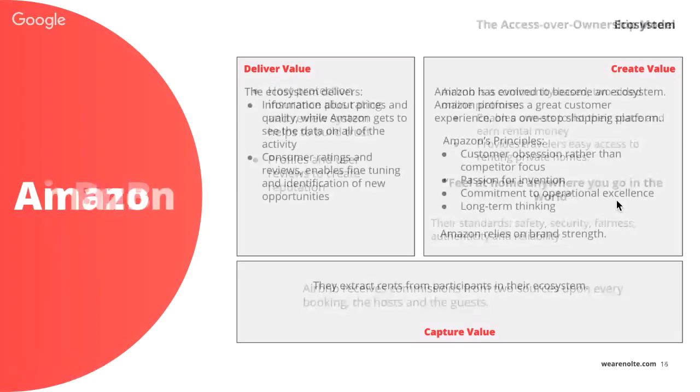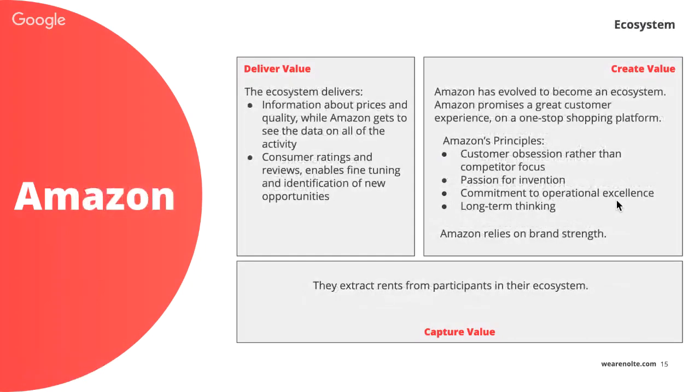That is Amazon. So basically, Amazon has evolved to become an ecosystem. They do tons of things right now. Not only the marketplace, but also tons of digital services that they offer. But what they have achieved is to become an ecosystem that promises a great customer experience, first of all, and a one-stop shopping platform.